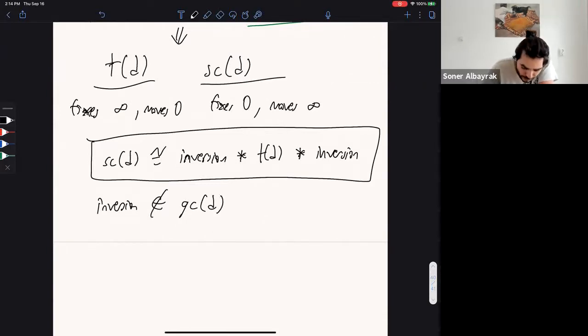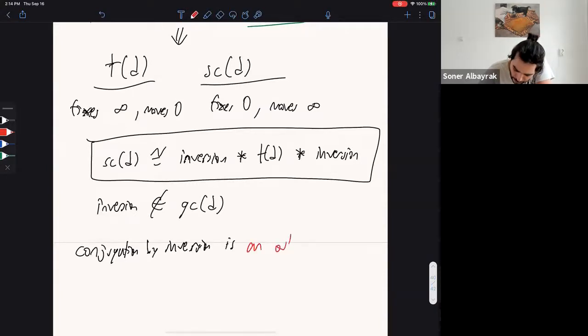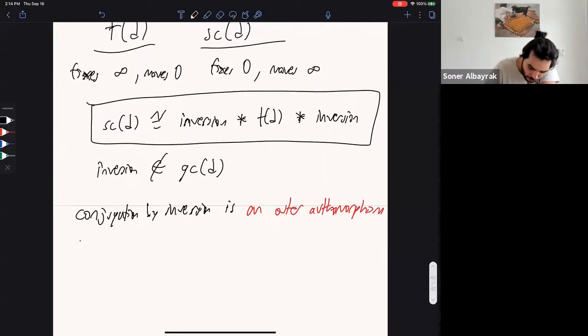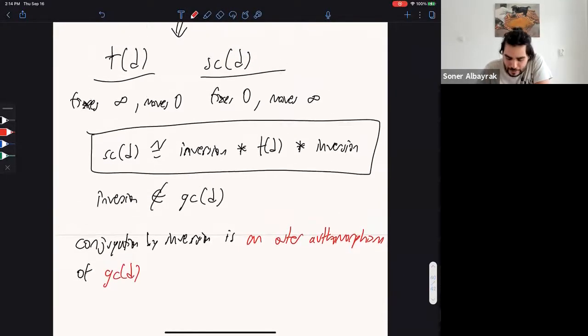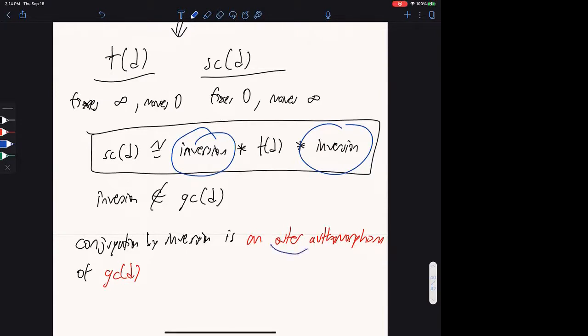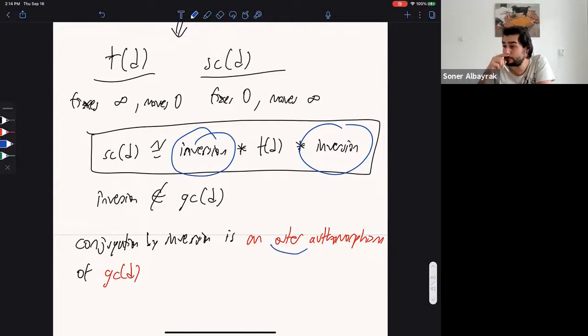The thing is, conjugation by inversion is an outer automorphism of the conformal group in d dimensions. What it means is, take any element of the conformal group, conjugate it with inversion, and the resultant thing will still be an element of the conformal group. But the inversion itself is not an element of the conformal group. This is why it's called an outer automorphism. If it was itself an element of the conformal group, it would be called an inner automorphism.